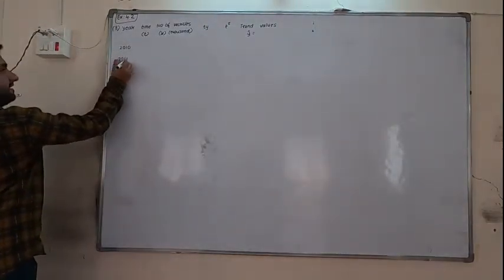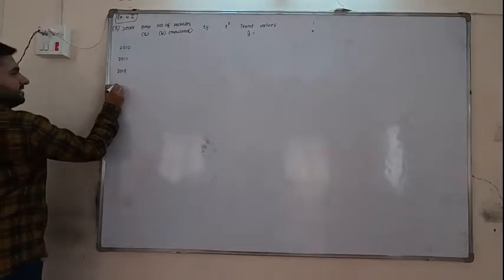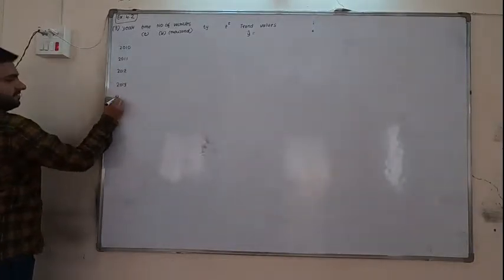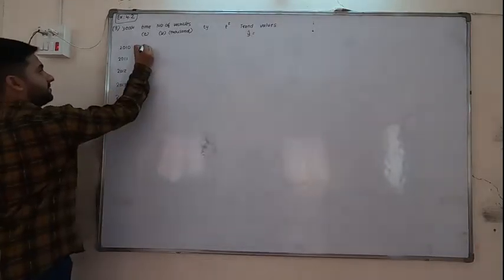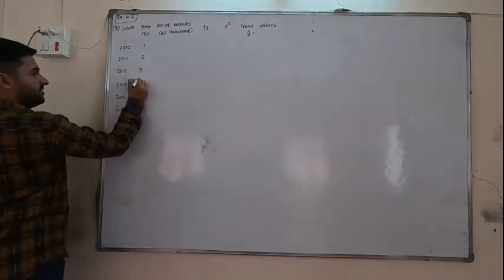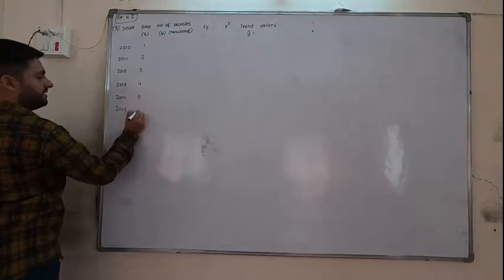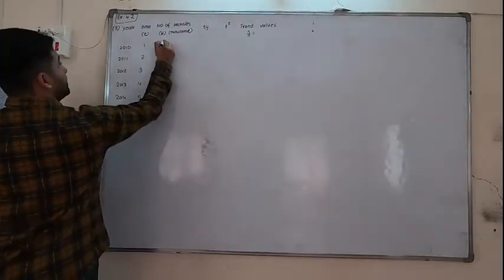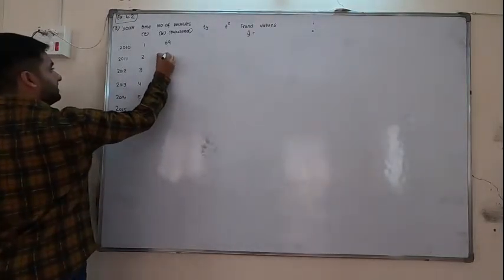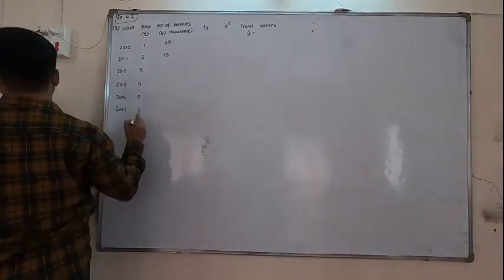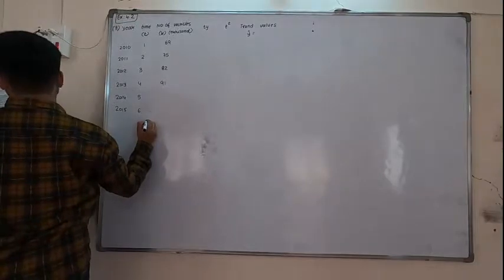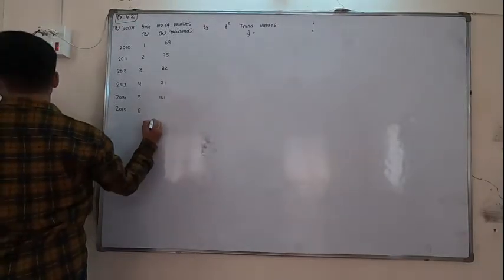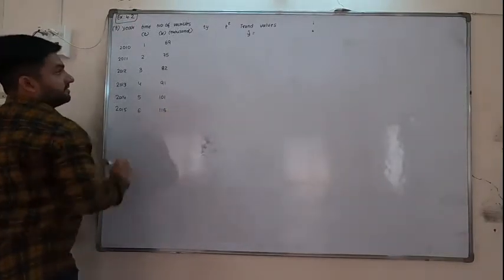2010, 11, 12, 13, 14, 15. Time 1, 2, 3, 4, 5, 6. Vehicles 69, 75, 82, 91, 101, 150.